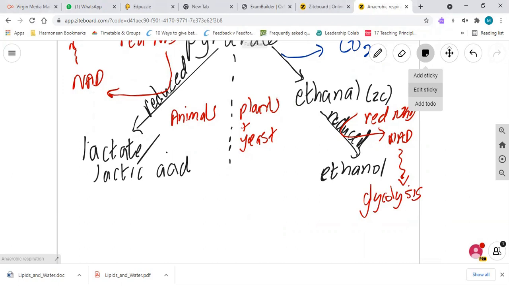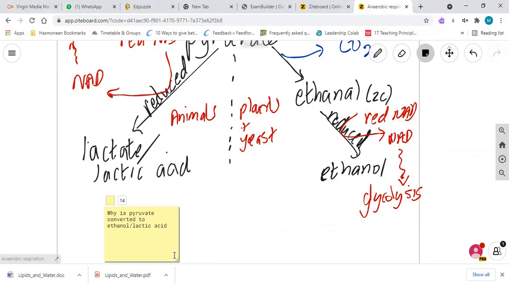So a really common question for them to ask in an exam is, why is pyruvate converted to ethanol or lactic acid?